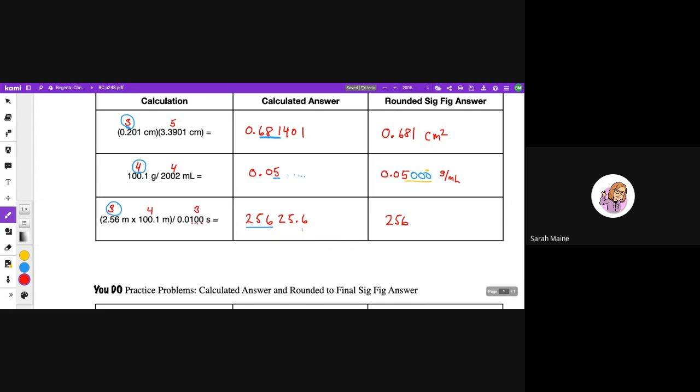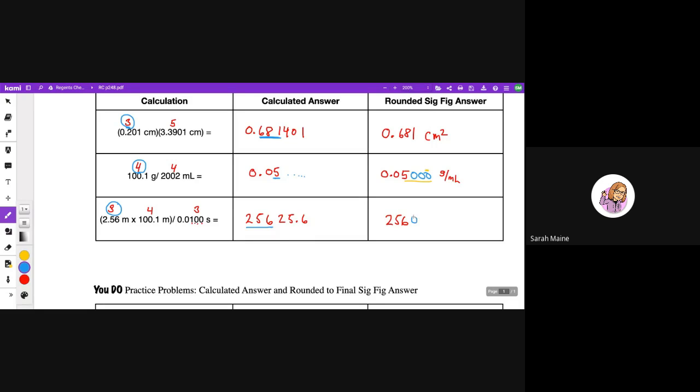25,625.6. So if you think about it as money, $25,625.60 versus $256, those values are nowhere similar. So that means to get this to a similar value, I need to add those placeholder zeros.